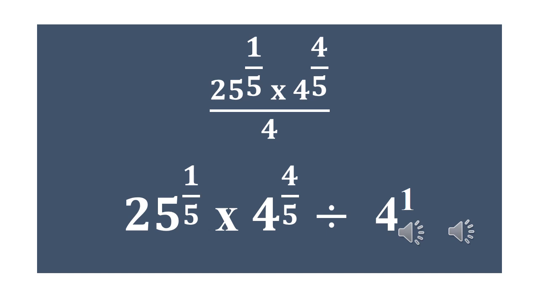That is 25 raised to power 1 over 5 times 4 raised to power 4 over 5 all divided by 4, which is the same thing as 25 raised to power 1 over 5 times 4 raised to power 4 over 5 divided by 4 raised to power 1.